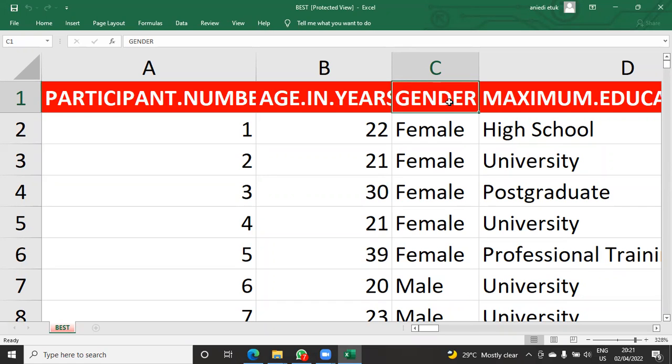From what I've just said, what kind of data type is it? It's categorical, it's nominal. Very well, it is nominal because male does not rank higher than female.